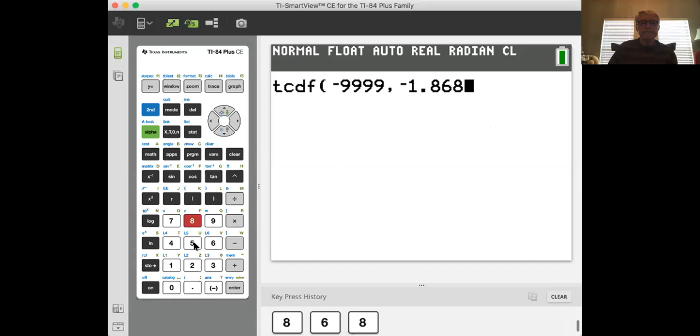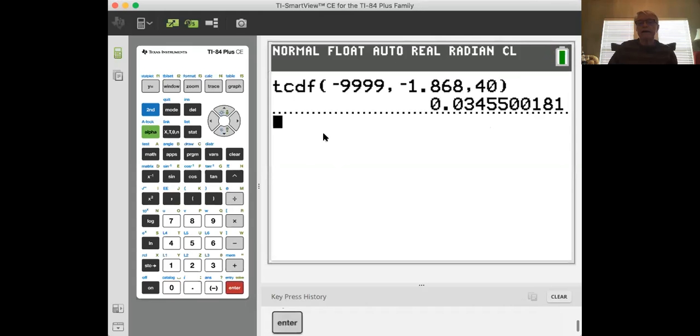And then comma, and the degrees of freedom, which in this case is going to be 40, sample size minus 1, close parenthesis, and we get a p-value. That's the area underneath the curve farther away from the mean than the test statistic, and it's 0.0346, rounded to 4 decimal places.